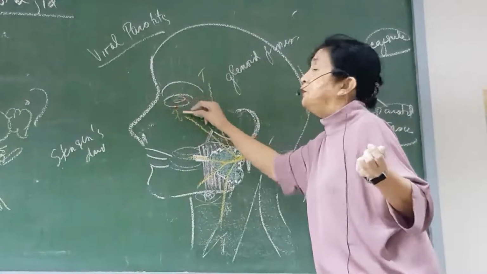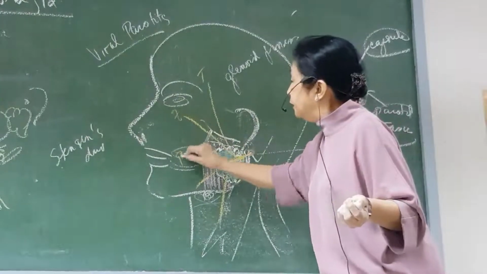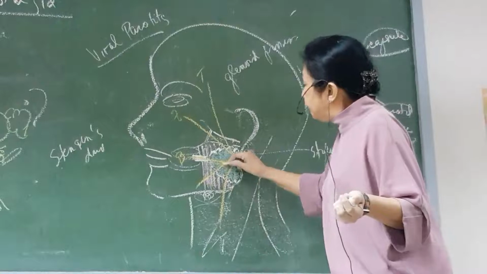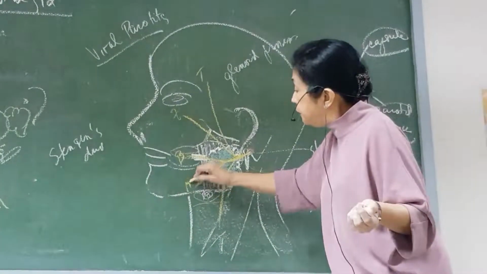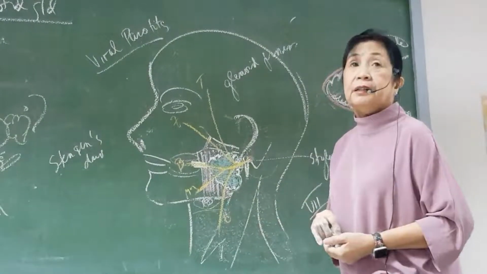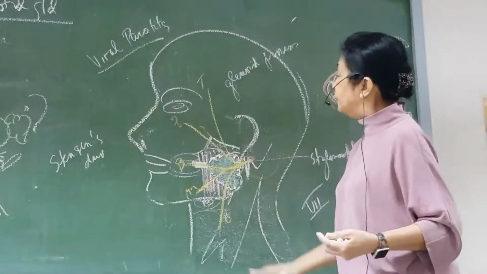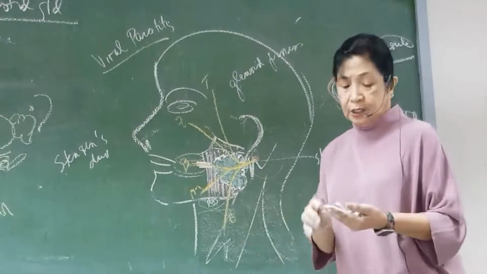So susuplayan niya yung mga muscles dito sa baba ng eyes. Buccal, dito sa cheeks. Itong mga muscles sa ibaba ng lower lip, this is mandibular. And then the platysma is supplied by cervical.